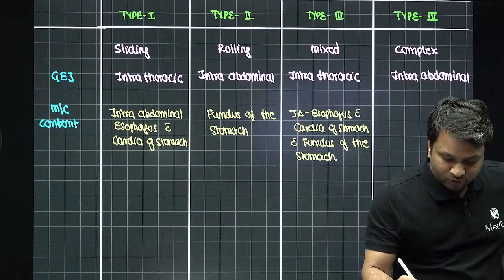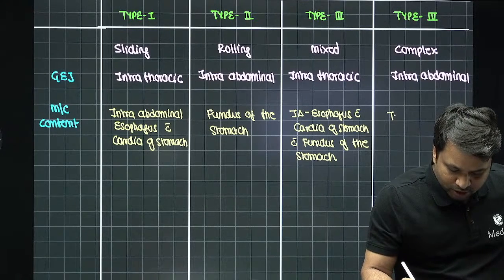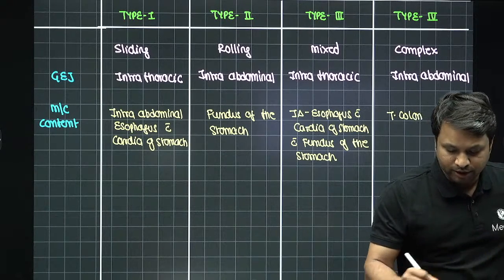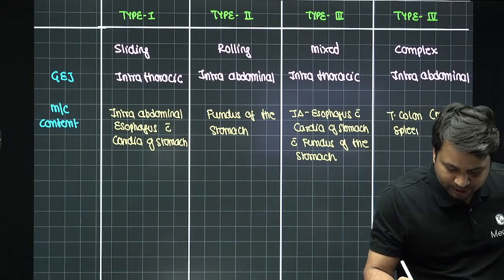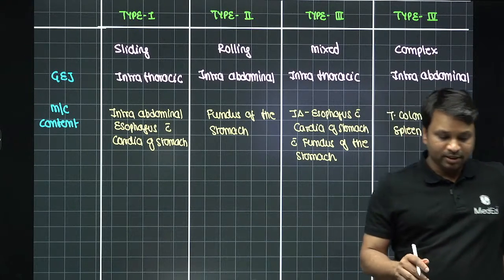Right. Type 4 variety, it is usually the transverse colon that herniates, which is the most common. Other organs can be involved, and it could be associated with the spleen as well.